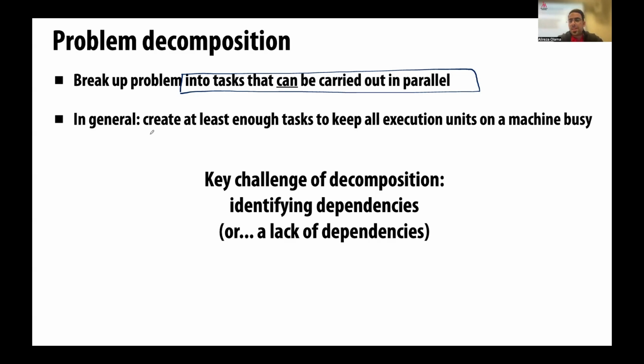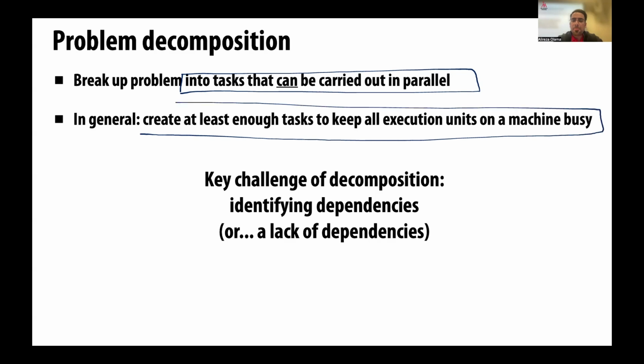The second goal here is that we want to have at least as many tasks as needed in order to keep all of the execution units in our machine busy. So there are two things. We want to decompose the problem into different tasks that can be executed in parallel, and we want to have enough tasks that we can fill the machine with.